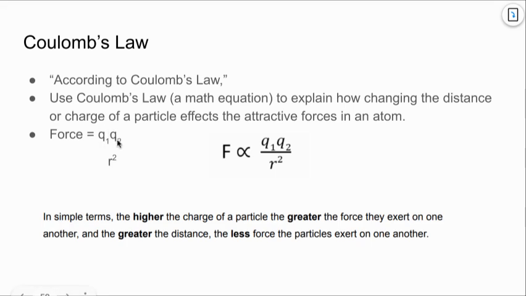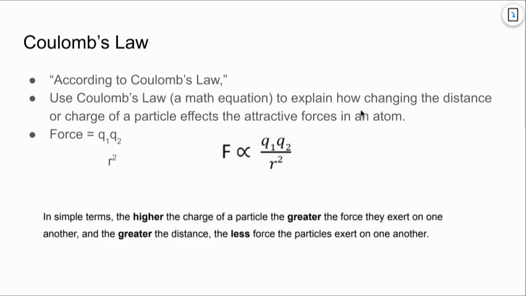Q1, Q2 is the charge of the particles within that chemical bond. And then R is the distance that occurs when they chemically bond to each other. We'll talk more about this in a minute when we get to the atomic radius, and I'll talk more about what this represents with your R squared.